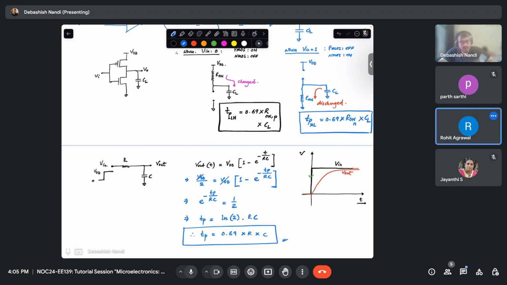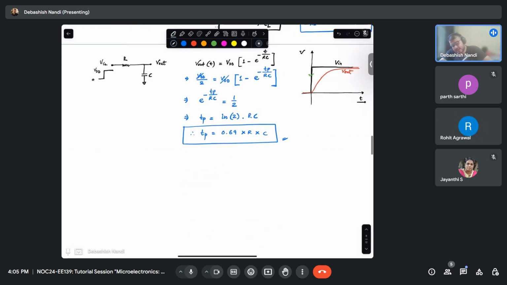Your discharging will be at the same rate, right? If you just do it, your capacitance discharges like this exponentially. And what is that equation? That equation is VDD times exponential minus T over RC. This is your discharge equation, capacitance discharge equation. You put here V out equals to VDD by 2, it will give you the same result. Okay.